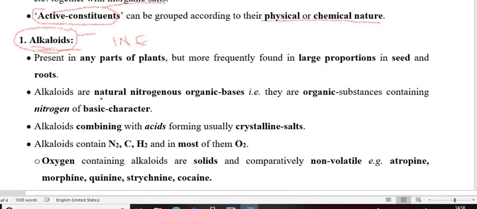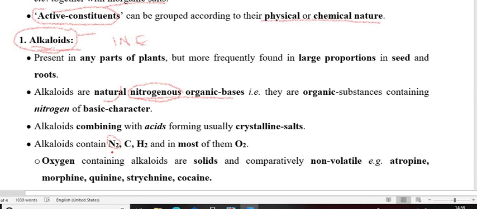Third thing is that this is a nitrogenous organic base, and because this is natural, so natural nitrogenous base. So nitrogenous is indicating nitrogen. So this alkaloid is a nitrogenous organic base, and the most important thing it contains is nitrogen.